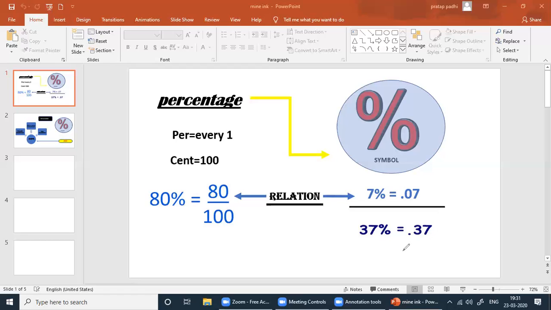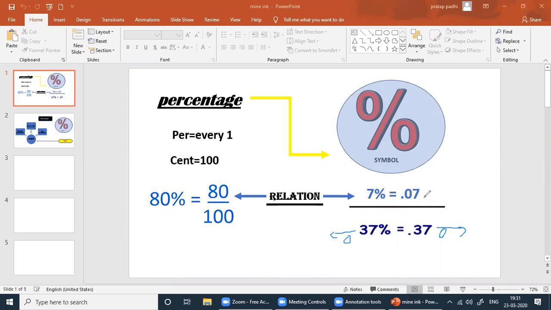If it's to the left of the decimal point, zeros can be added in this direction. And if it's to the right of the decimal point, zeros can be added in this direction. And that's how this works.